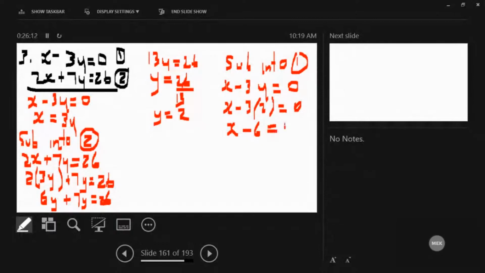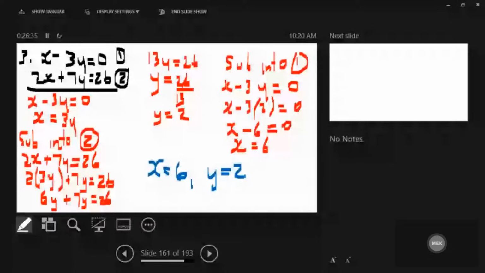So x is equal to 0 plus 6, so our solution set: x is 6 and y is 2.